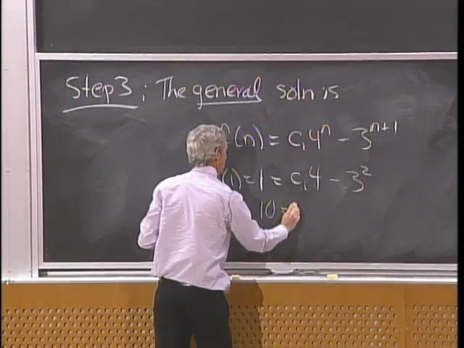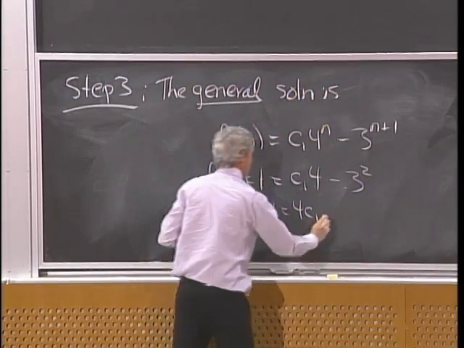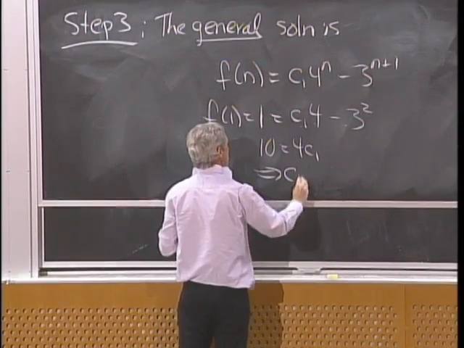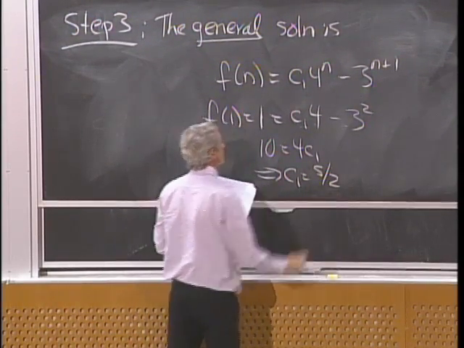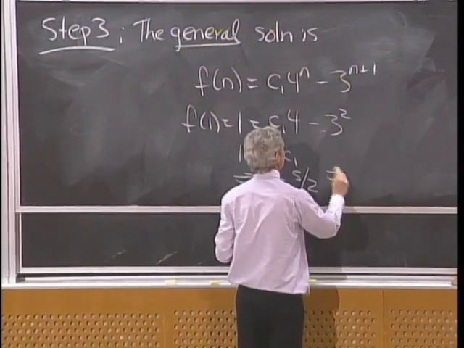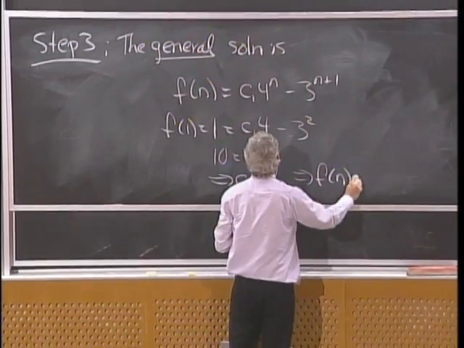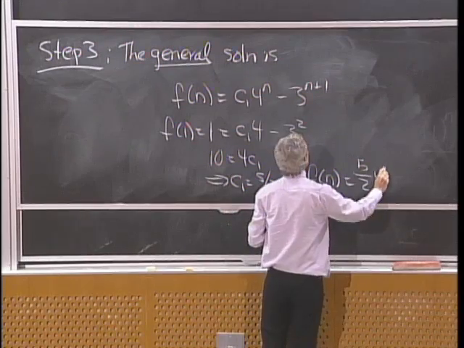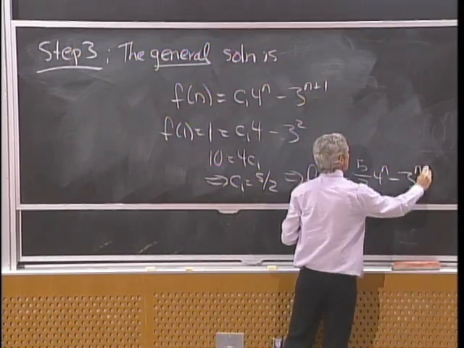I get 10 equals 4c1. And that means that c1 is 5/2. And now I know the final solution for f of n. It's 5/2 times 4 to the n, minus 3 to the n plus 1.